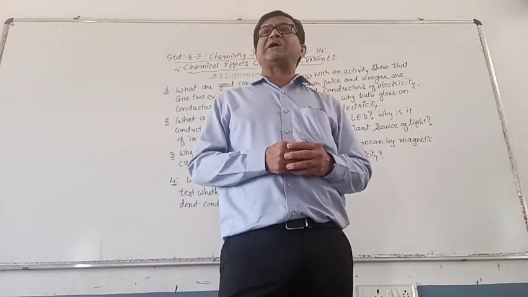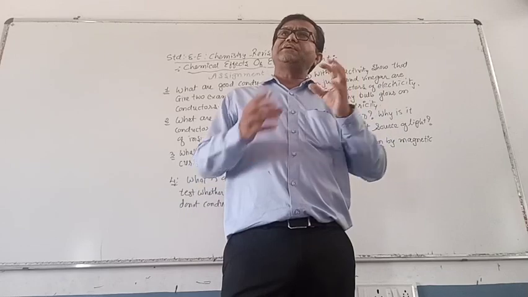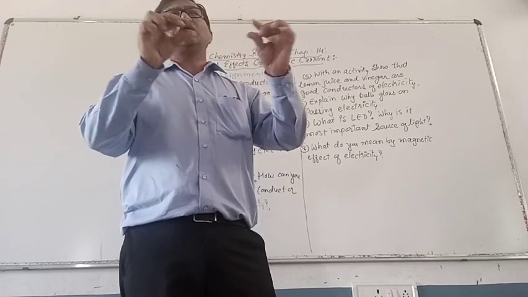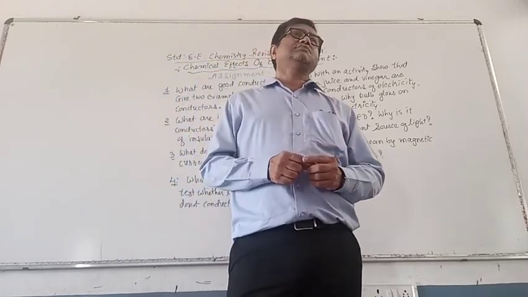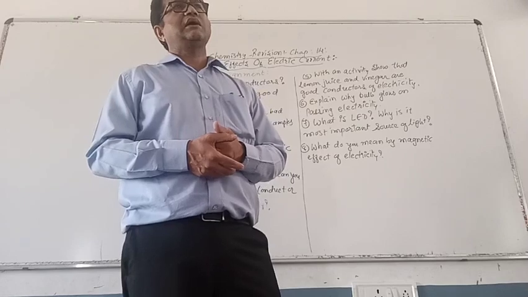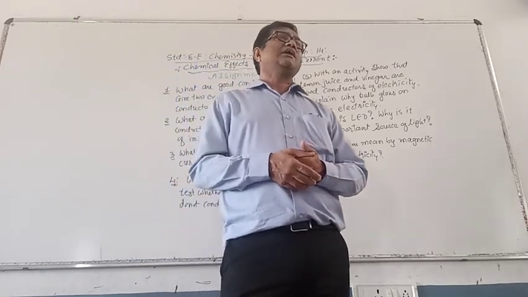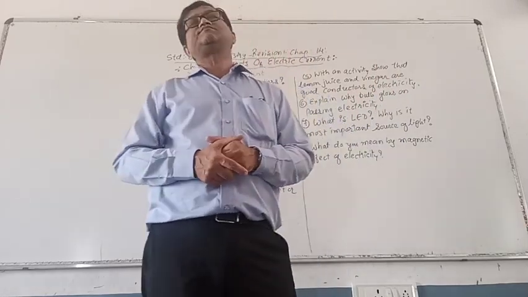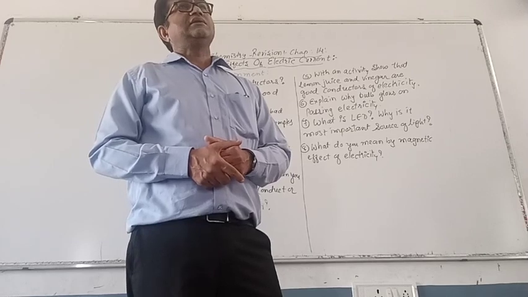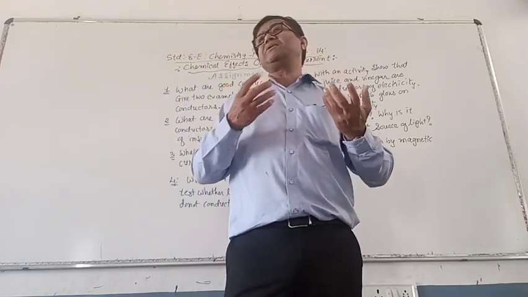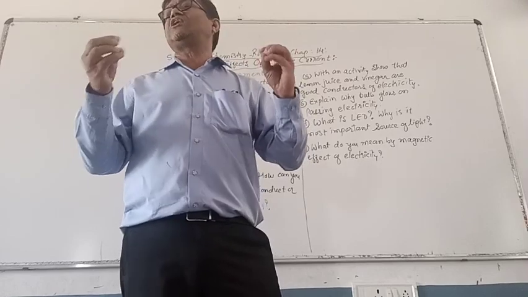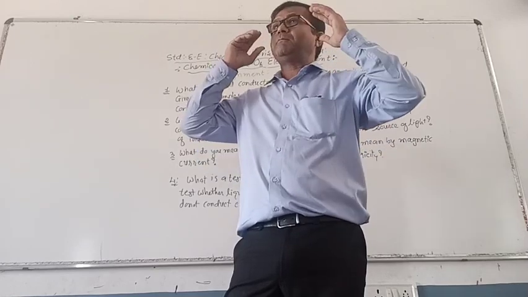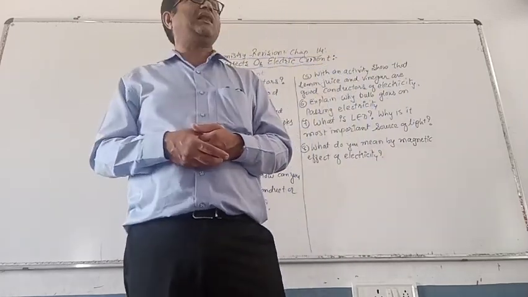It looks like a screwdriver, or we can make one differently also. We have to take a cell, wires, electric bulb. Now we join them in a circuit and keep the two ends open. When we keep the two ends open, it means that the circuit is not closed. In this situation, the current will not pass through the circuit and the bulb will not glow.